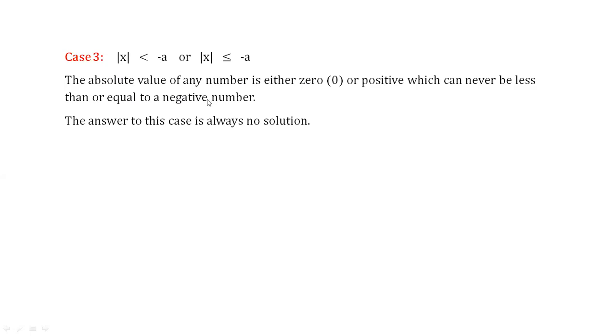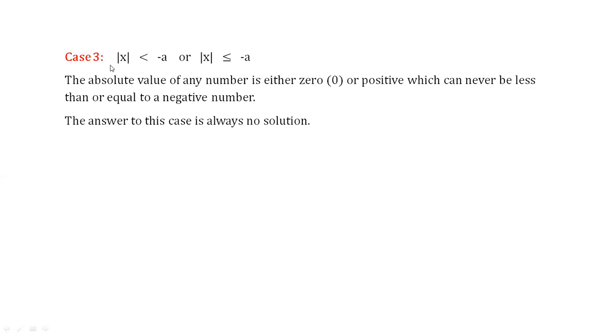As you all know, by the rule of absolute value, the absolute value of a number is always equal to a positive number, or it can be equal to 0. It can be equal to 0, but the absolute value cannot be equal to a negative number, or be less than a negative number. So this is impossible.